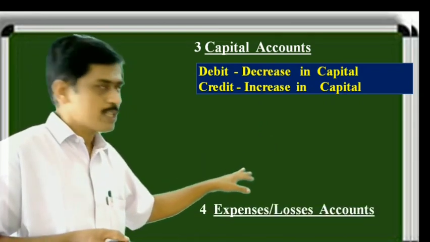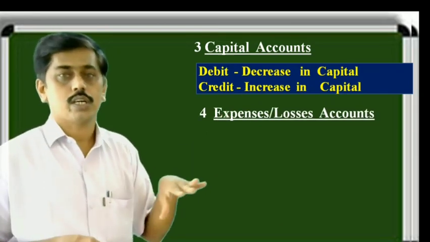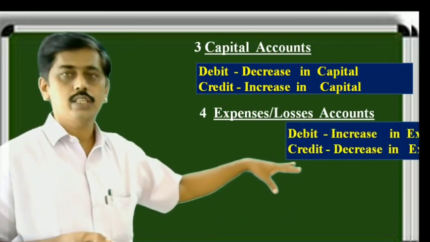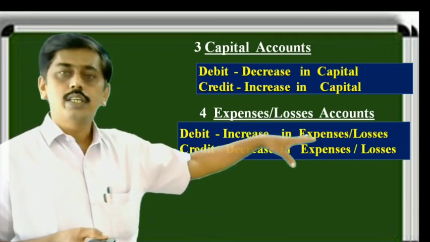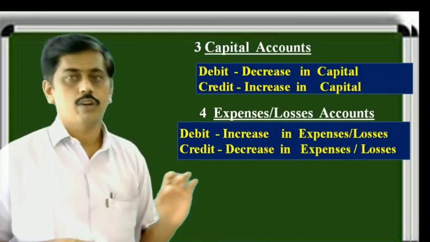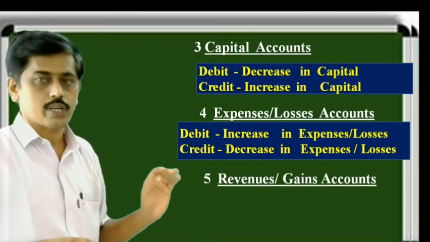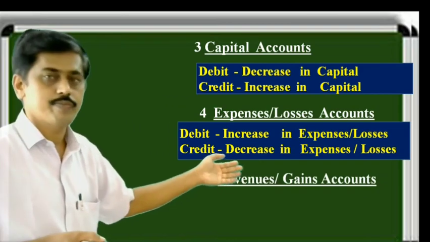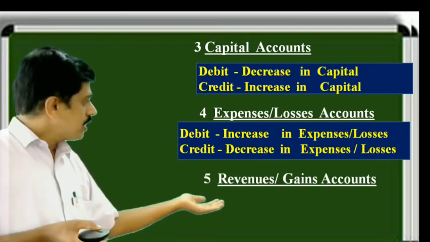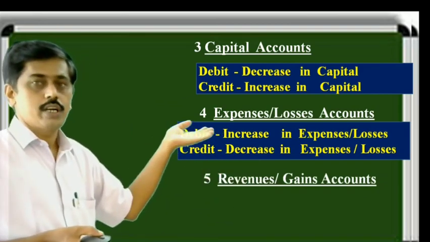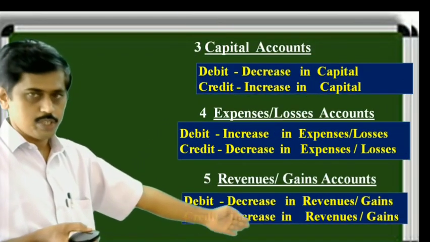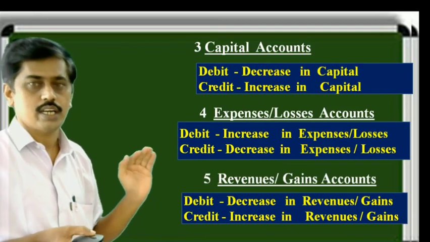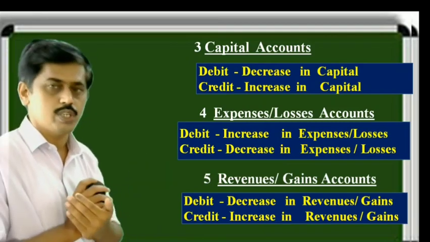And expenses or losses accounts: debit increase in expenses or losses; credit decrease in expenses or losses. And revenues or gains account: debit decrease in revenues or gains; and credit increase in revenues or gains.